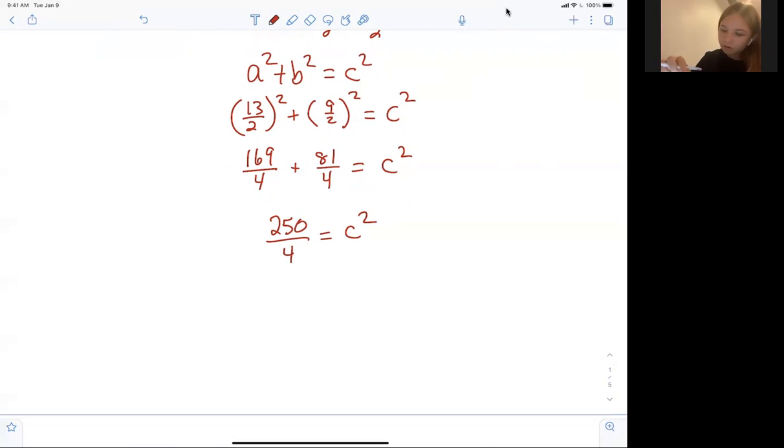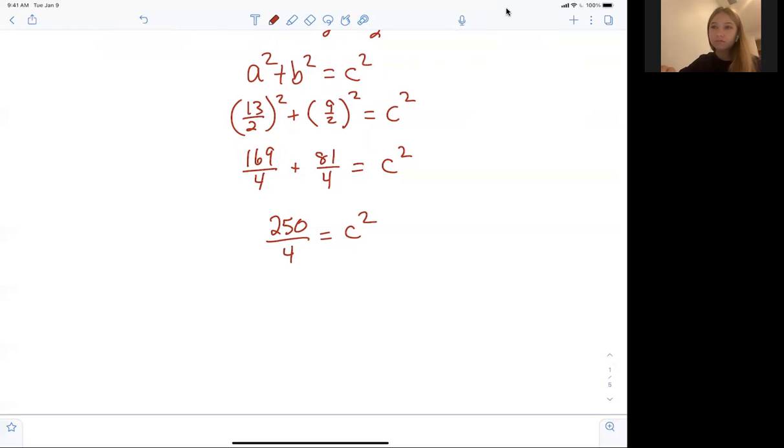Now, to solve, actually, listen, we could reduce that fraction by 2, right? But I also know that I'm going to be taking the square root of C squared, right? And so if I take the square root of C squared, I'm going to be taking the square root of what? 4. And is square root of 4 a perfect square? Yes. So if you reduce it, it makes the problem a little bit more difficult.